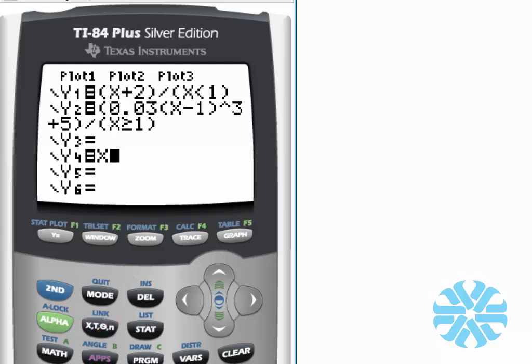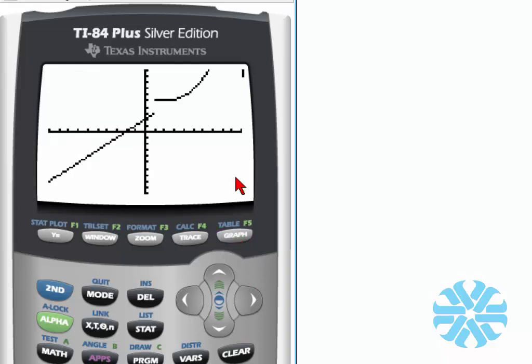So x plus 2, and we'll move down, and we'll enter in 0.03 times x subtract 1, that's raised to the third power, and then we'll add 5. So let's graph this, and what's going to happen is you will see both functions without any restrictions. So here's the linear function, and here's the cubic function.